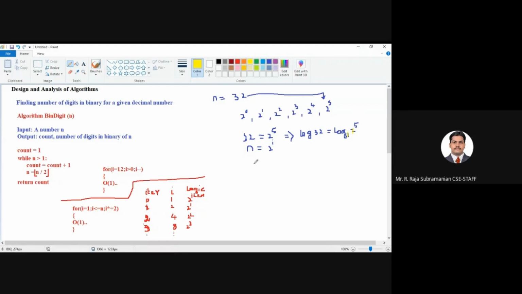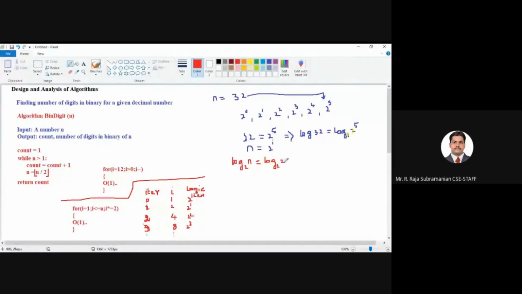If I take the same thing over here, what can I actually do? Take log base 2 of n, which is equivalent to log base 2 of 2 power i.